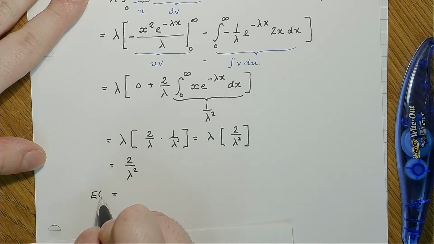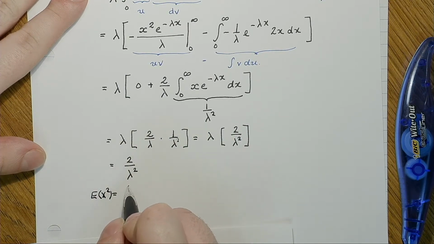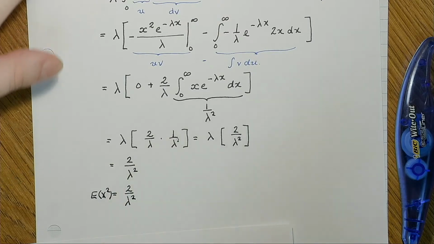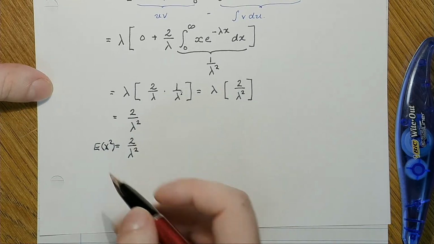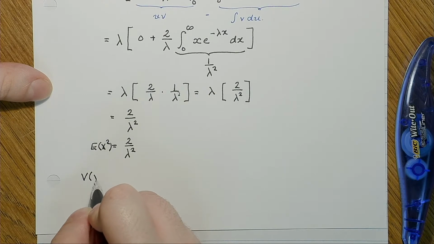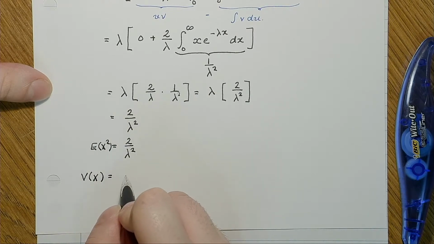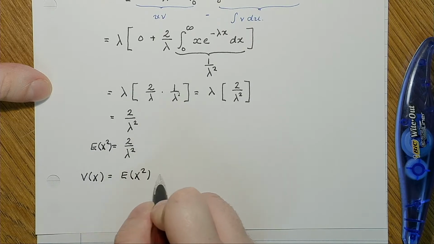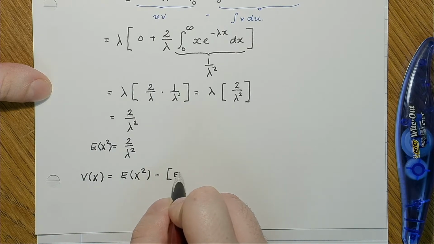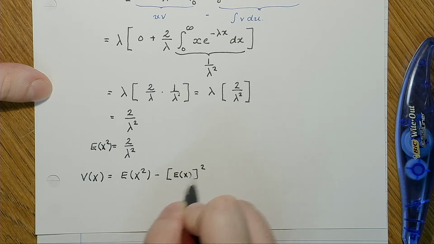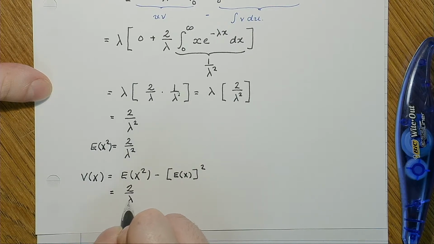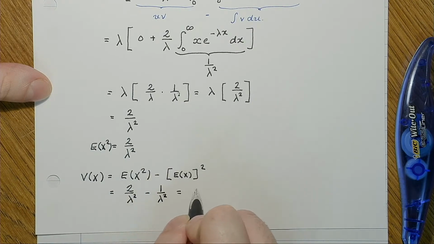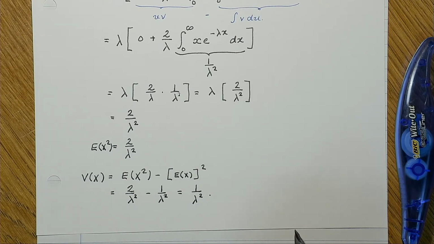So again, we should have our expected value is 2 over lambda squared, which is what we were required.